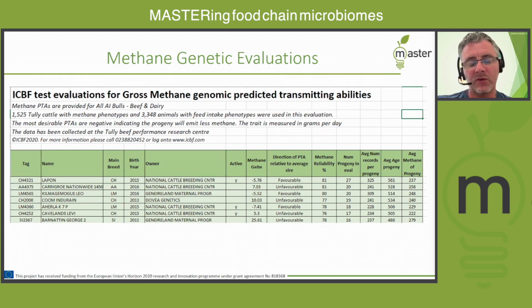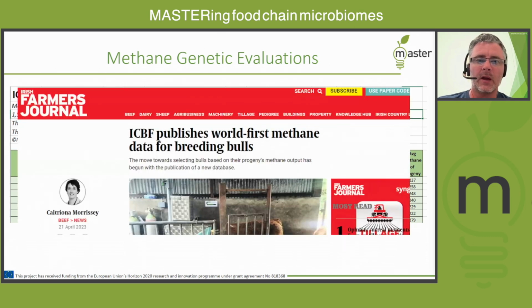There was methane data collected on over 1,500 animals, and performance data linked to over 3,000 in relation to feed intakes and their performance, and that was combined to give us the first genetic proofs for methane. Essentially, what that means is that we can now actively select sires for reduced methane output.